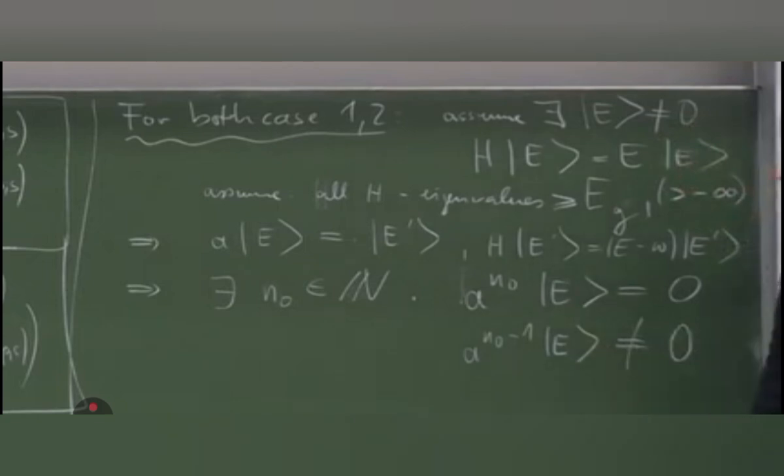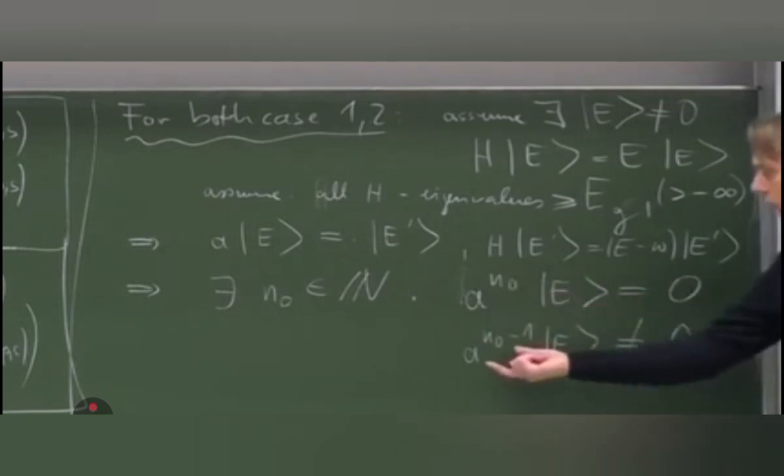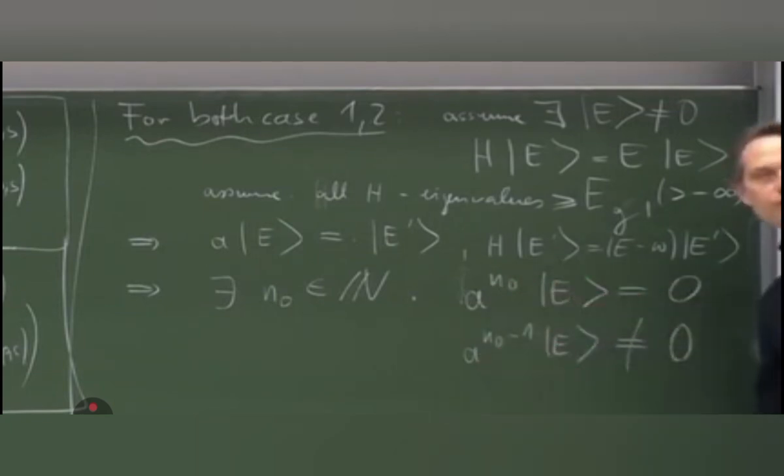There must be such an integer which has this property. So n0 is the first which annihilates the state, and n0 minus 1 doesn't yet annihilate your state. Such an n0 must exist.